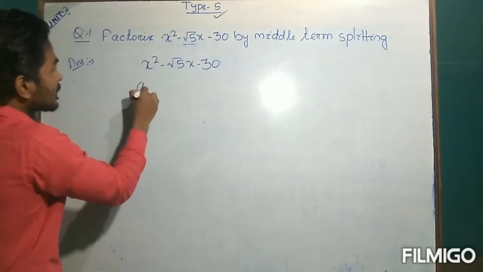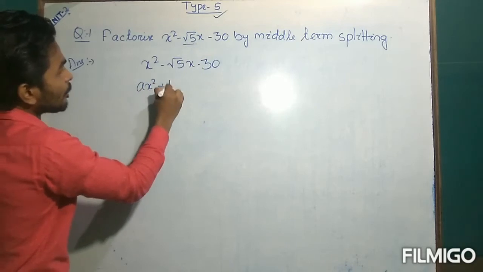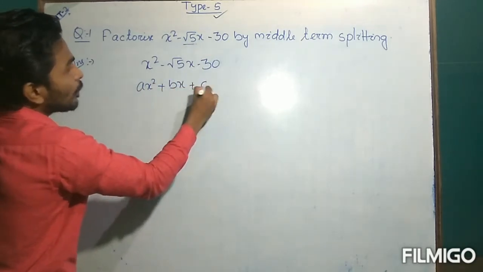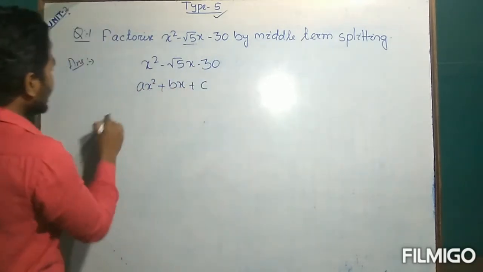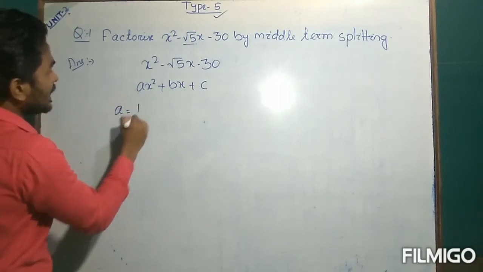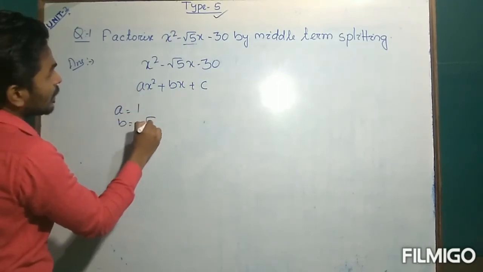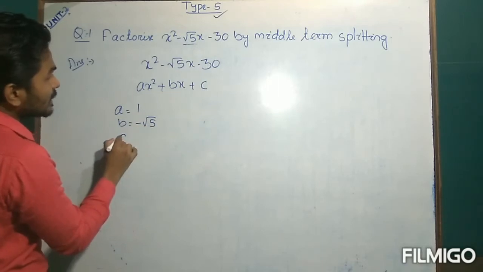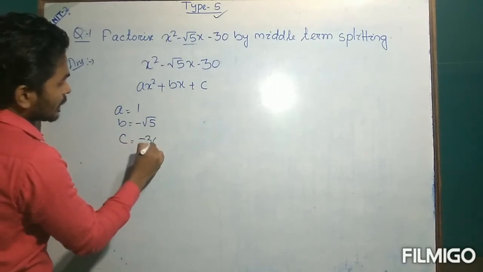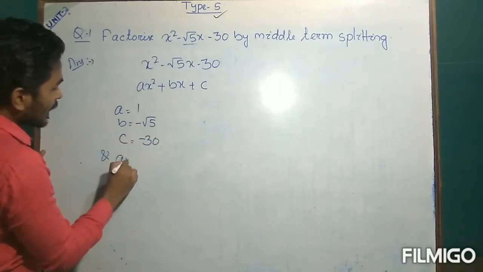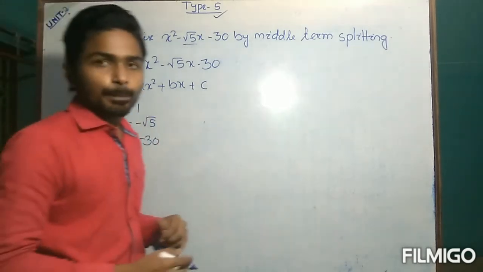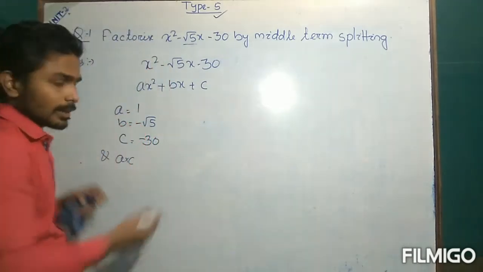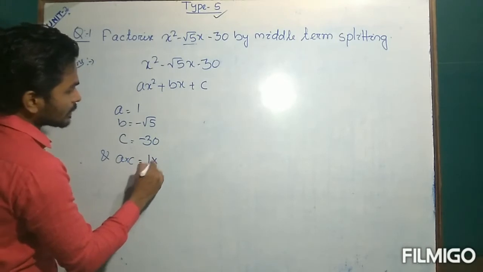We first compare it with the general quadratic polynomial, find the values of a, b, and c, as well as the coefficient of x square multiplied with the constant term, that is c.